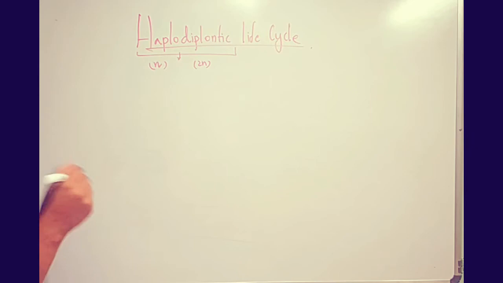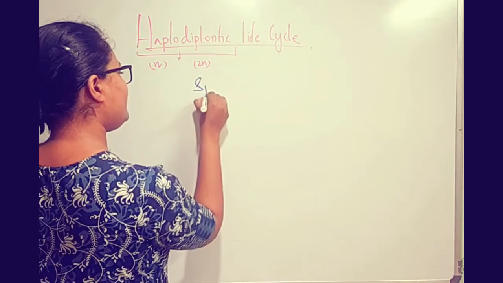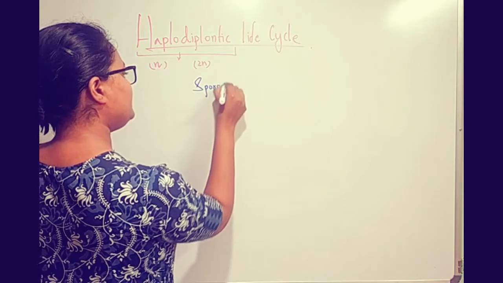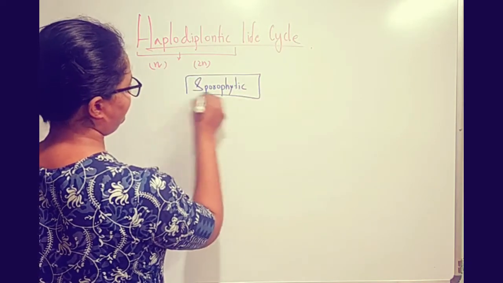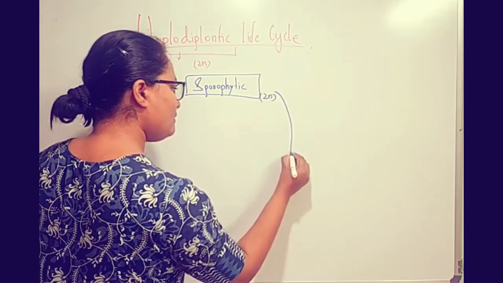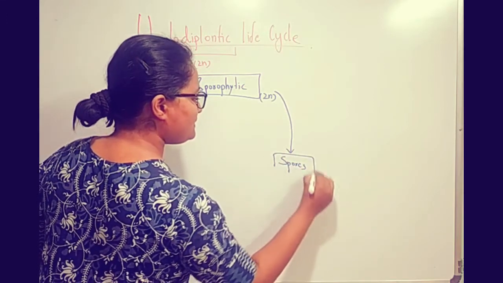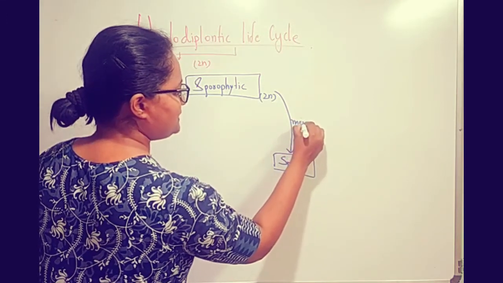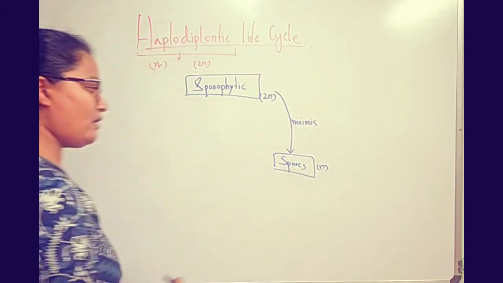I'll write first, then I'll give you the examples. Okay, the plant body always starts the cycle with the sporophytic, which is our diploid. They form spores by the process of meiosis, and the spores are haploid.